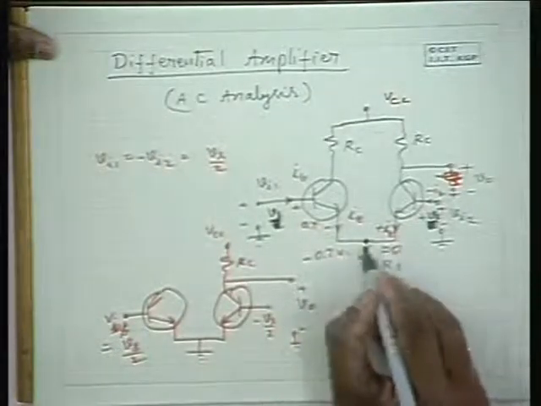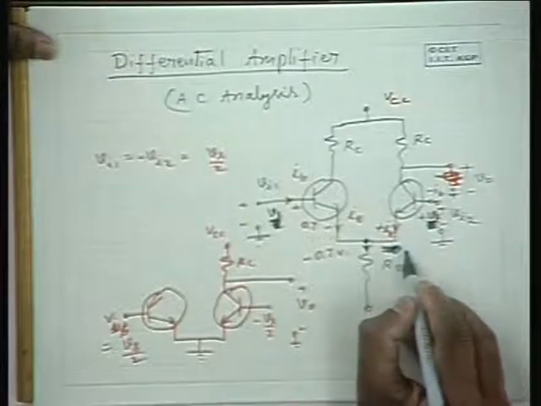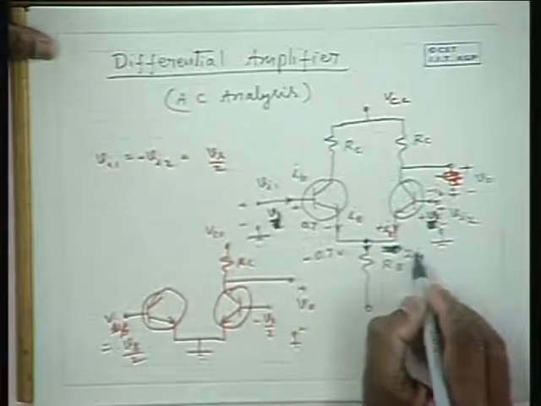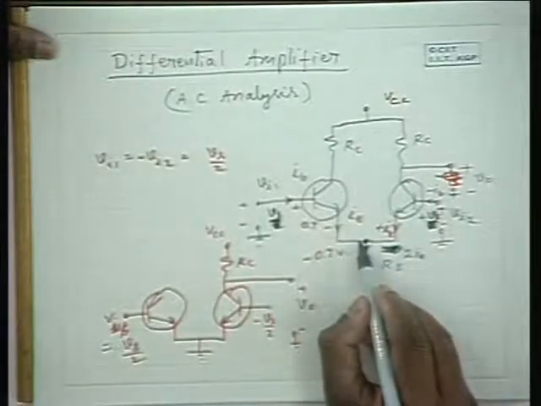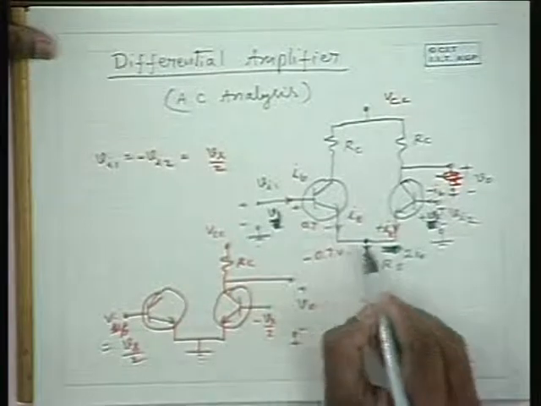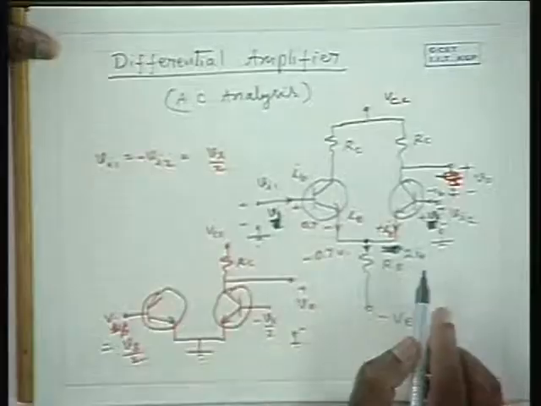Therefore, the current that flows through this resistance Re is now equal to 2 times IE. Hence, this voltage does not remain constant, so we have to take Re into account, and by taking Re into account we can draw the equivalent circuit in this fashion as given here.